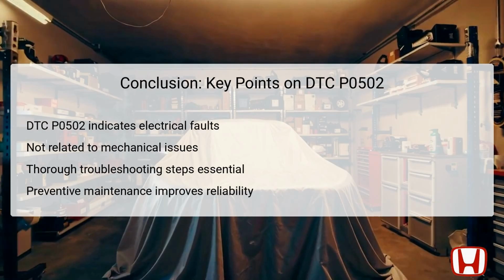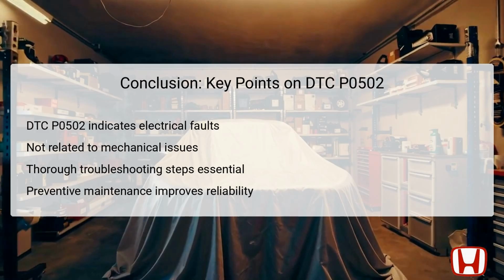In conclusion, understanding DTC P0502, which reports an electrical fault in the CVT speed sensor circuit, is essential for effective vehicle repair. This code reflects issues within the sensor's circuitry rather than mechanical transmission failures, emphasizing the importance of electrical diagnostics during troubleshooting.